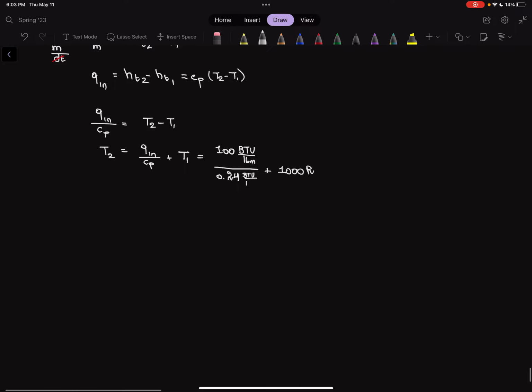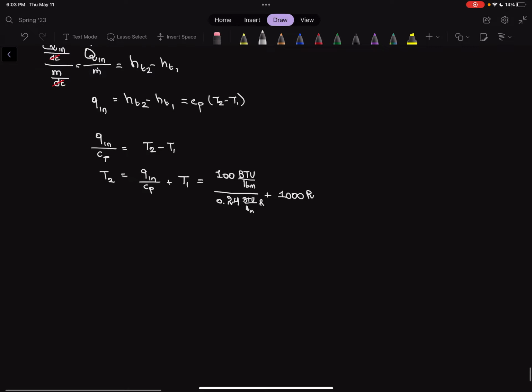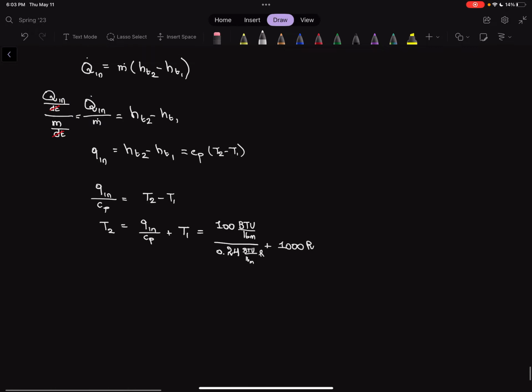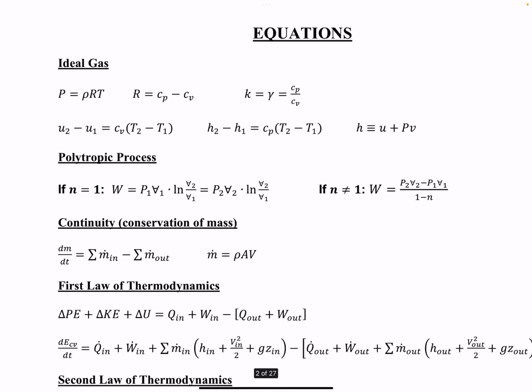BTU over pound mass times Rankine, which is going to make this turn out into 1 over Rankine, which is not what we want, which is suggesting that we made maybe an algebraic mistake somewhere. So let's see. Cp over Q in, go back to this. To free T2, we have change in H2 minus H1, which we said is small q.